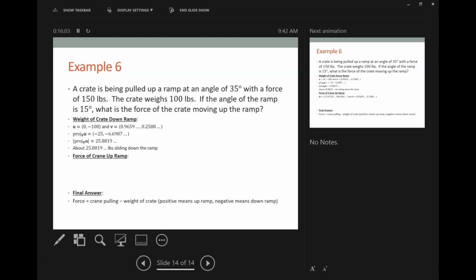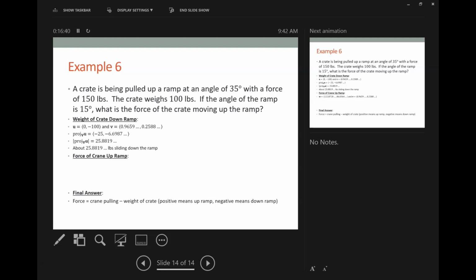Which is measured from positive x to negative y, 270 degrees. So it's 1 times cosine of 270. Oh, yeah, 100, because that's the magnitude. Yep. Okay, so then for v, that is 1 times cosine of 150. Yeah, this is 15. Okay.